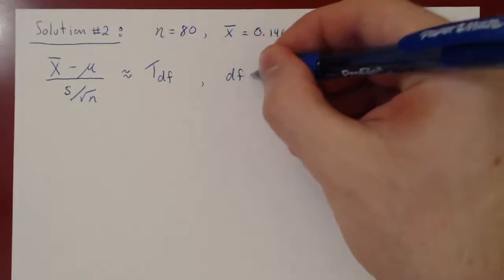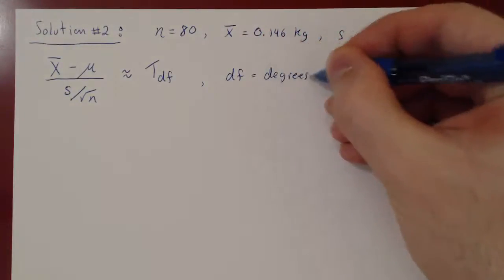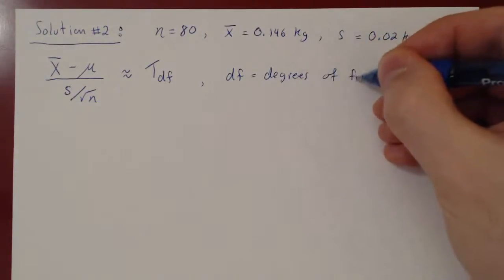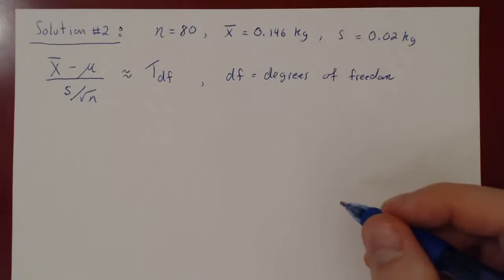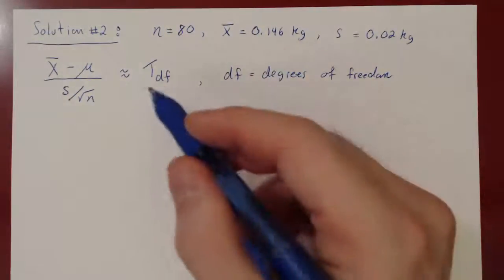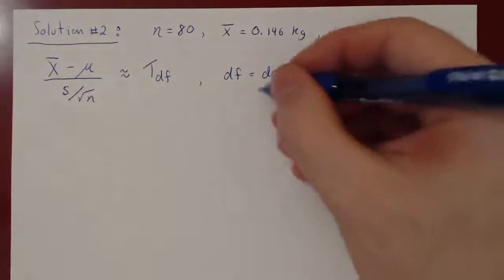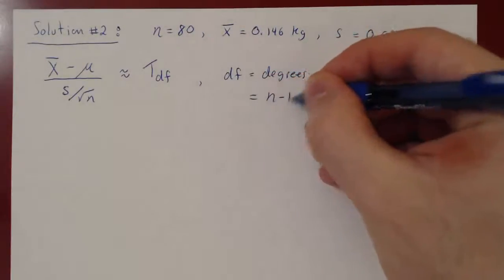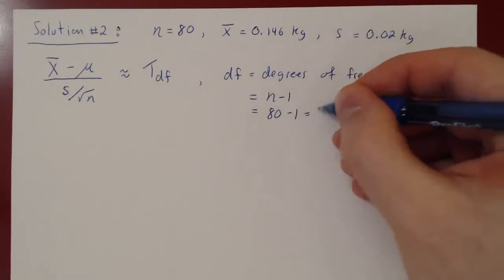So df are the so-called degrees of freedom. And if you have a sample size of n, the degrees of freedom for this statistic happen to be n minus 1. Well, our sample is of size 80, and 80 minus 1 is simply 79.